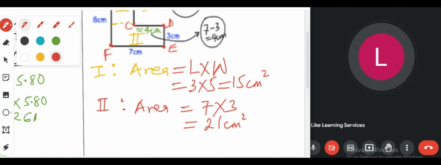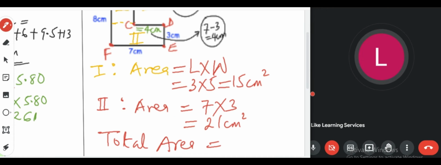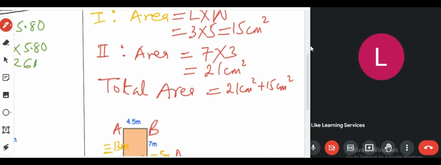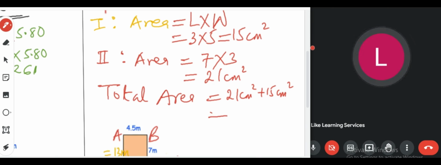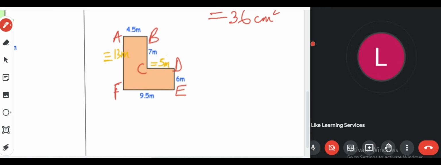So the total area based on what we calculated is 21 cm squared plus 15 cm squared. And that's equal to 36 cm squared.